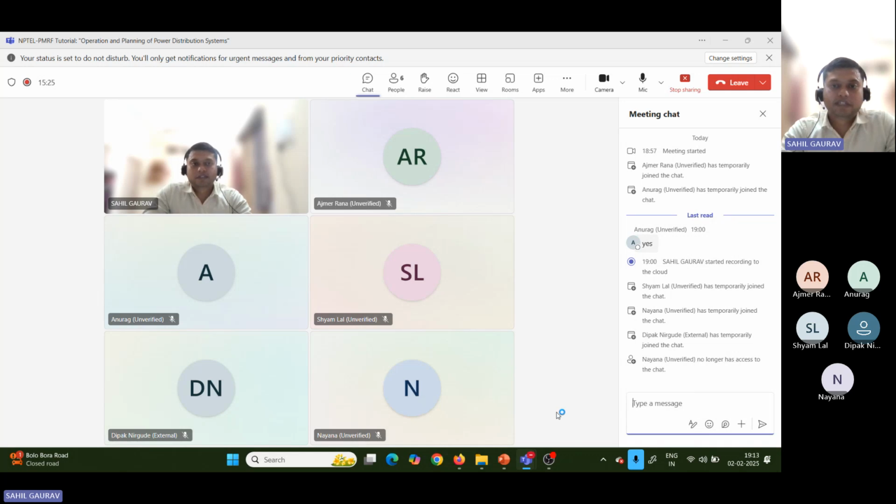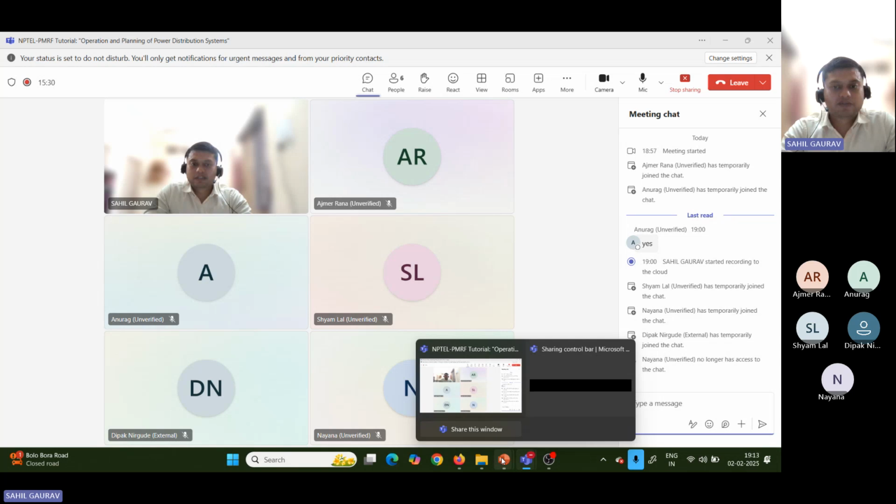Can anyone tell whether the diversity factor is greater than 1 or less than 1?